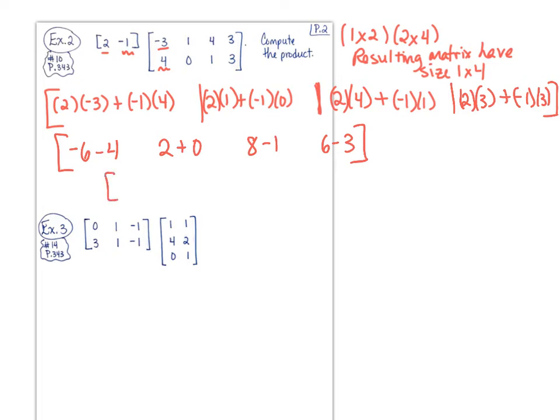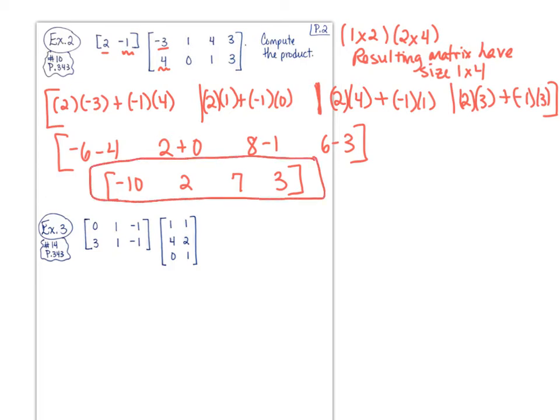So then you'd have negative 6 minus 4 is negative 10. Then you'd have 2. Then you'd have what? Good. Notice that you have 1 row, 4 columns. So it is what it should be. That's your answer. What questions do you have?